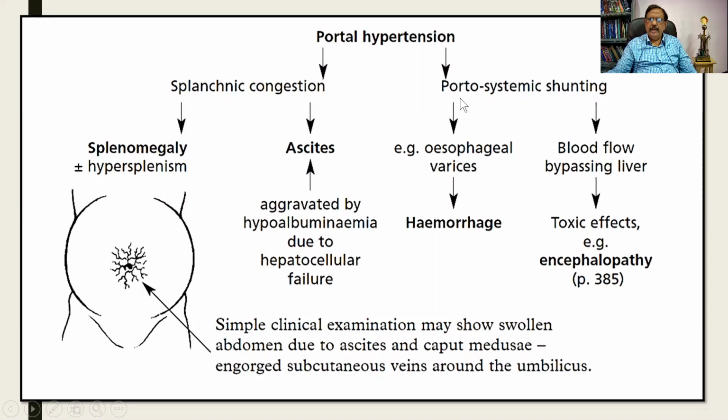There can be portosystemic shunting in which esophageal varices, which is again of great importance, can be life-threatening, leading to a hemorrhage. And there can be bypassing of the liver. Therefore, the metabolic activities are not there. There is a toxic effect which can lead on to hepatic encephalopathy.